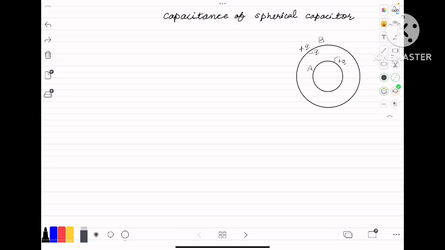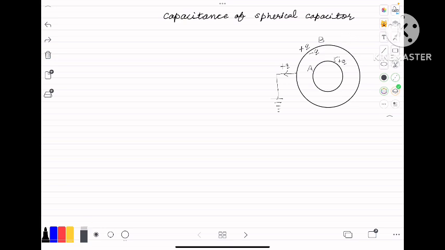Now the sphere B is earthed, so all the positive charge plus Q on sphere B flows to the earth. So we have sphere A with plus Q charge and sphere B with minus Q charge, and hence an electric field exists between the spheres.